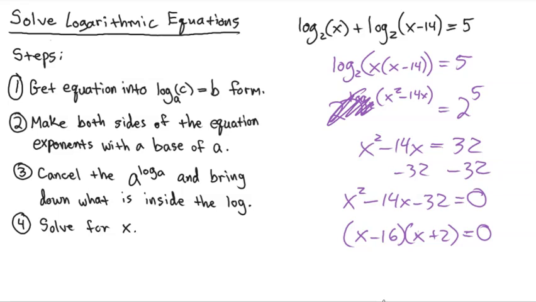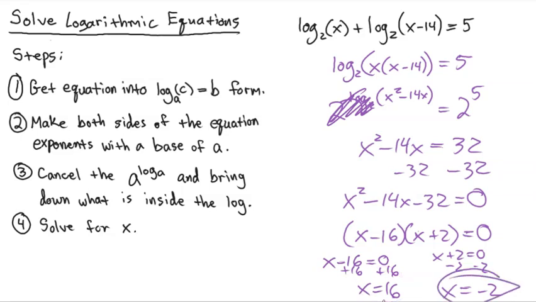Then we set each one of these equal to 0: x minus 16 equals 0 and x plus 2 equals 0. Add 16 to both sides, and we get x equals 16. Subtract 2 from both sides on this one, and we get x equals negative 2. So these would be the solutions, two solutions.